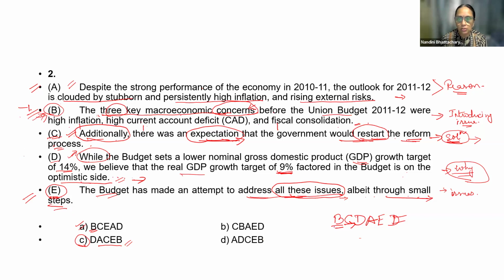Right? No, sorry, I messed it up. So it was B, then we came to C. All these issues come here after C. Yeah, the budget has made an attempt to look at all these issues through small steps. So B, C go together and E follows.